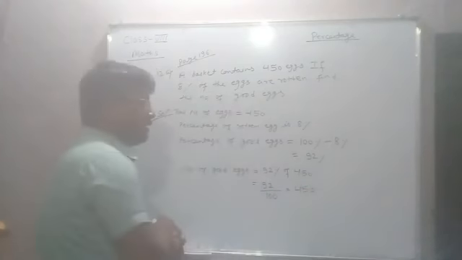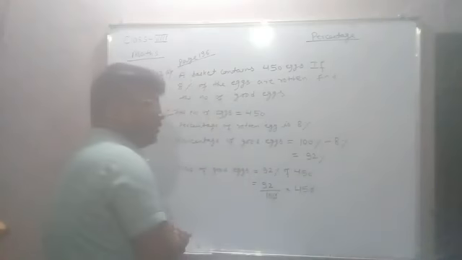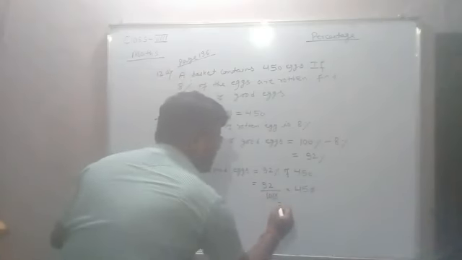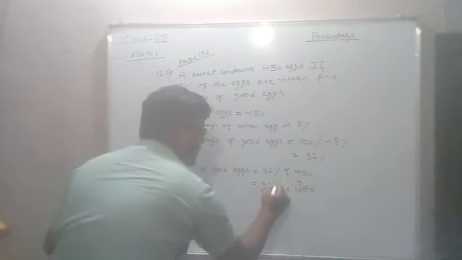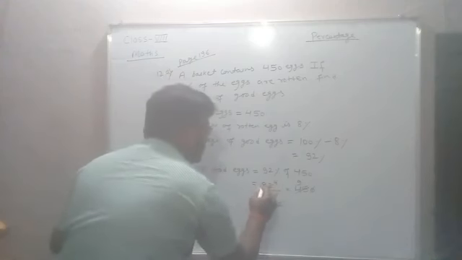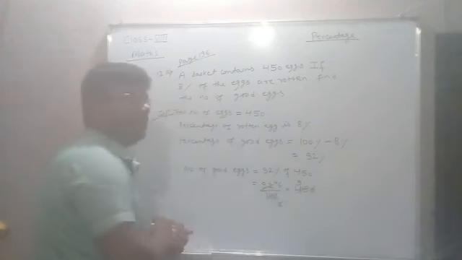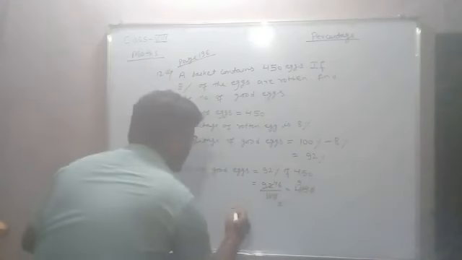Let's cancel and solve it. 0 and 0 are cancelled. 5 2s are 10, 5 9s are 45. 2 1s are 2, 2 4s are 8, 2 6s are 12. So 46 into 9, let's multiply.